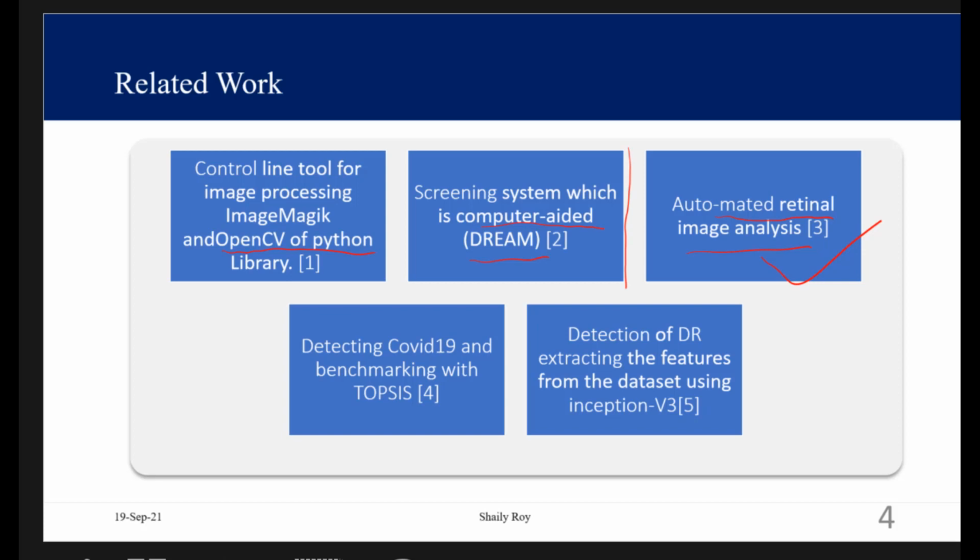In addition, TOPSIS and machine learning models are implemented in other aspects of disease detection. Mohammed et al. have applied several machine learning algorithms to predict presence of COVID-19 and then benchmark the model based on the TOPSIS method.